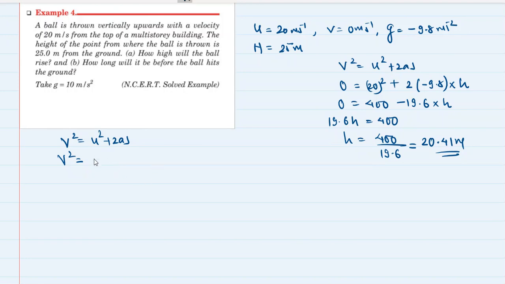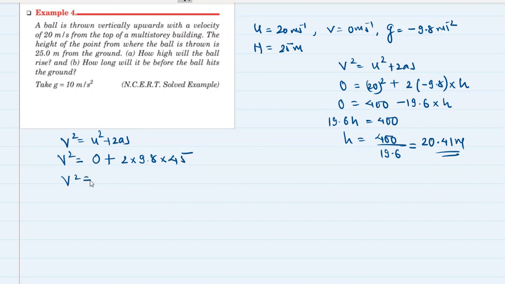So the initial velocity will become 0, plus 2 multiplied by g's value, 9.8, and the height. The height of the building from which the ball is thrown is 25 meter, and the ball rises 20 meter above that, so it is at 45 meter height. 25 plus 20, I'm rounding off 20, so let me consider it 45.